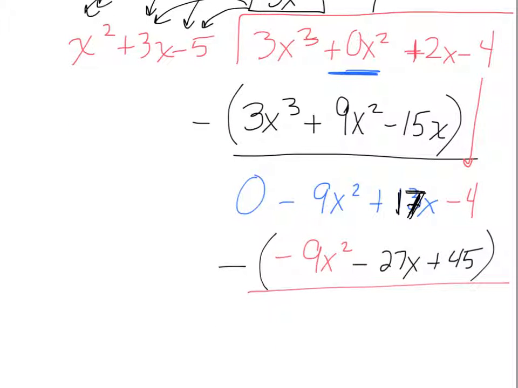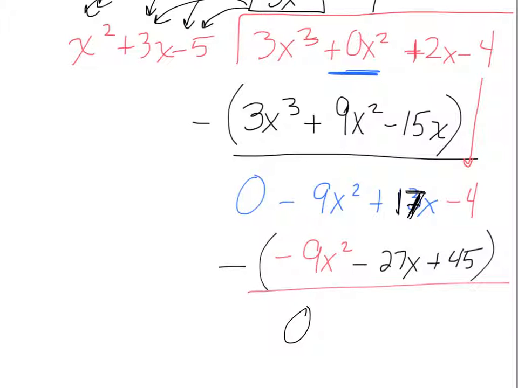Do you see how this is easier as you practice? That's what I was getting at in the beginning. Okay, reminding yourself to subtract. Negative 9x squared minus negative 9x squared is 0, as always. 17x minus negative 27x is 44x, right?